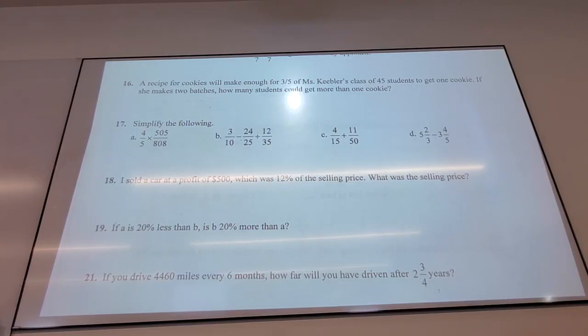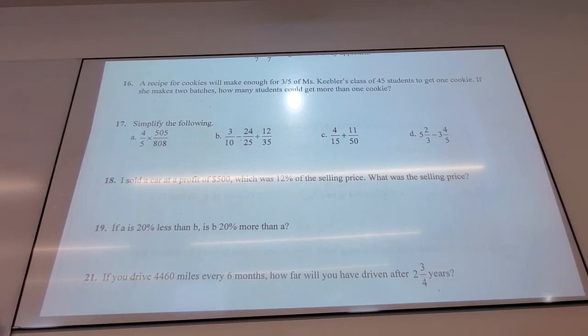Right there, can you figure out how many cookies the recipe makes? 27. 3/5 of 45, 5 goes into 45 9 times. Yep. 9 times 3. So the recipe as it is makes 27 cookies.